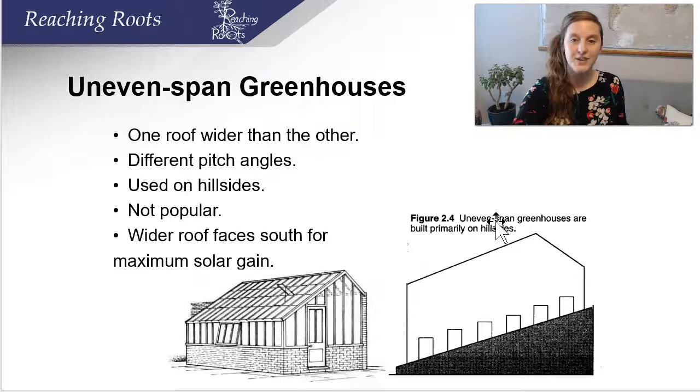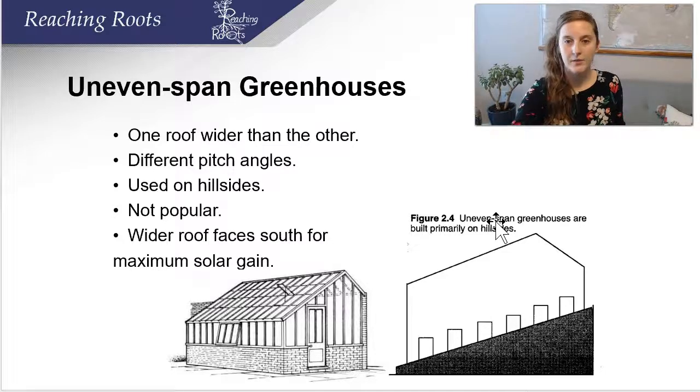There's also uneven span greenhouses, which has one side of the greenhouse roof have a larger surface area. This is perfect for the side of a hill or an area where one side of the greenhouse would never get any light. So one roof is wider than the other.